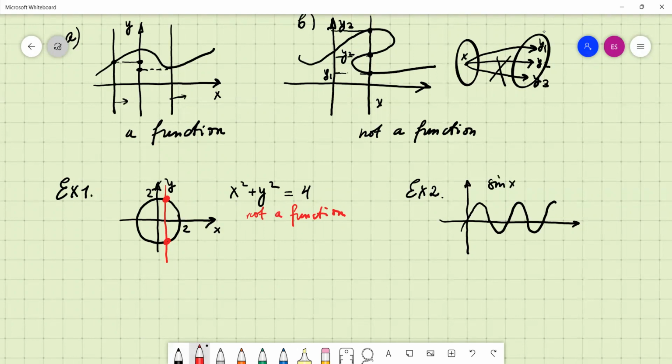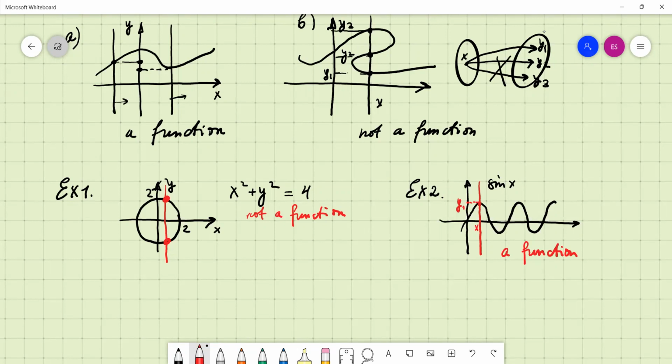If we check this graph using a vertical line, we're going to see that it intersects the vertical line exactly once, which means that it is a function. Okay, now the last thing I want to talk about is increasing and decreasing of a function on an interval.